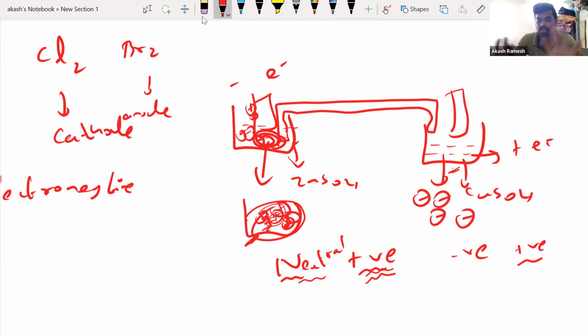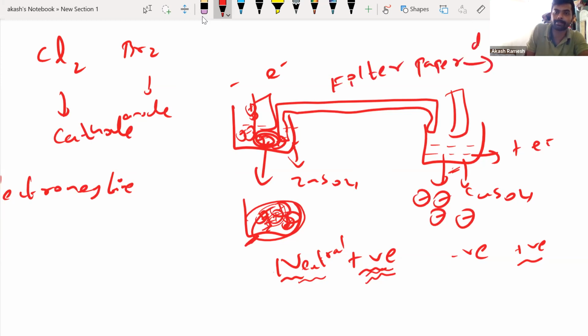So first we'll understand how to make a salt bridge. To make a salt bridge, you take a filter paper, dip it in some electrolytic solution, say KCl solution, and then you roll it.